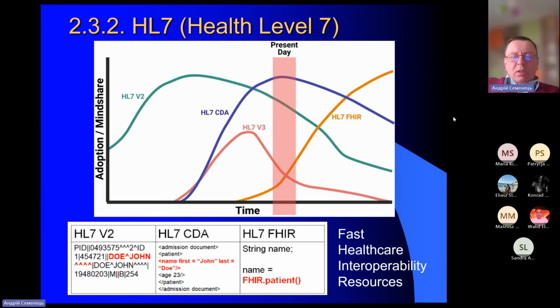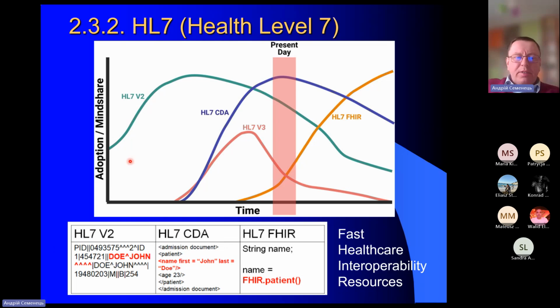Speaking of technical solutions which help us establish interoperability, I spoke about this during the second lecture, if I properly remember, where I spoke about international standards for medical data like HL7.